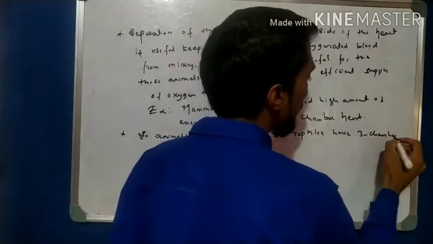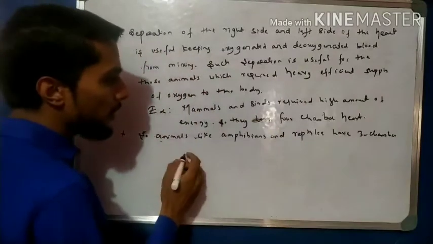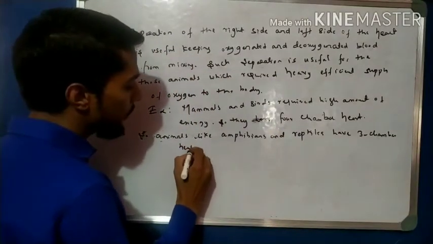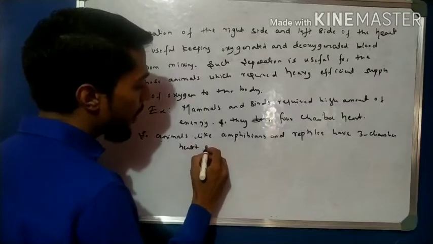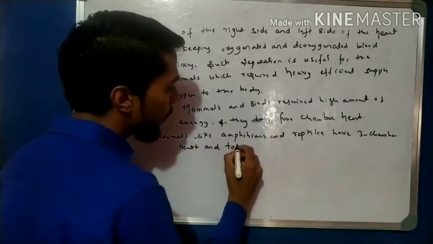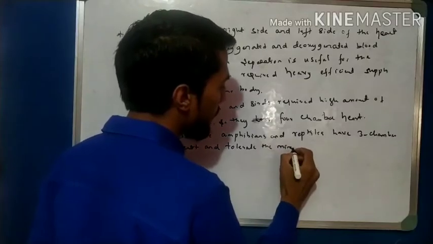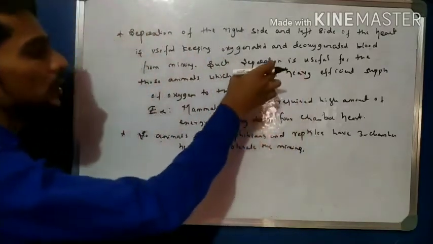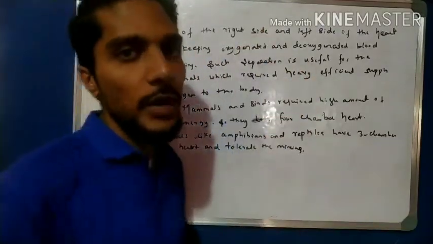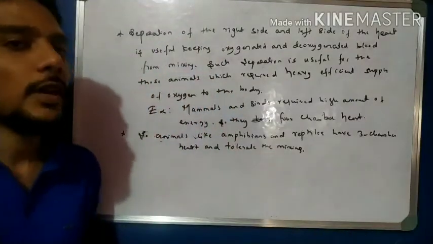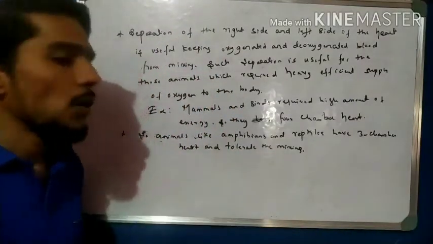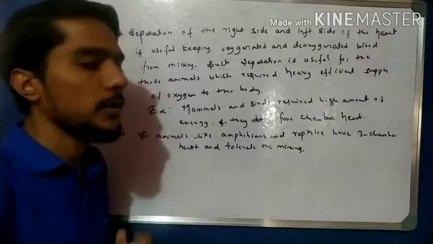That is very important. Remember, reptiles and amphibians have a 3 chamber heart and tolerate the mixing, because they require a lesser amount of oxygen supply. That is why they can tolerate that mixing, because they have only 3 chambers.